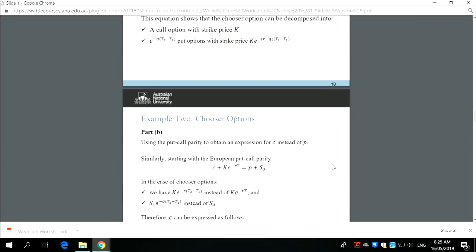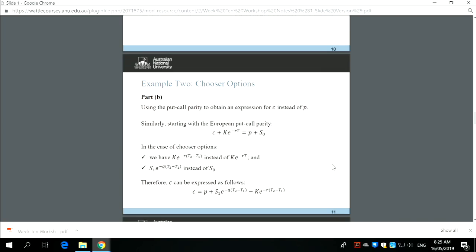All right, then part B of this question is quite similar. Part B says, using the put-call parity to obtain an expression for C instead of P. Again, our starting point is our put-call parity. Then we need to do some modification on it, and we have the C on the left-hand side and everything else goes to the right-hand side.